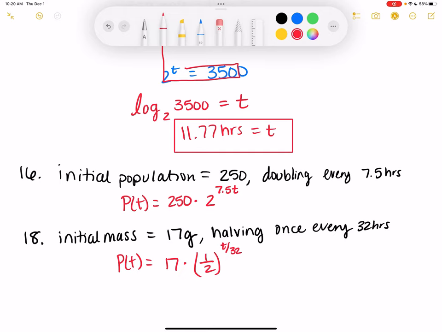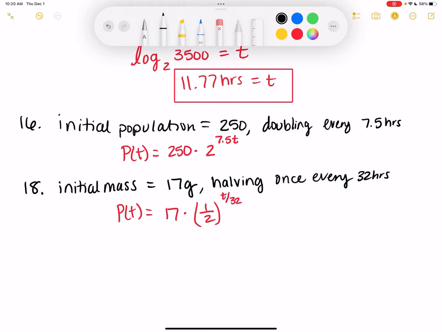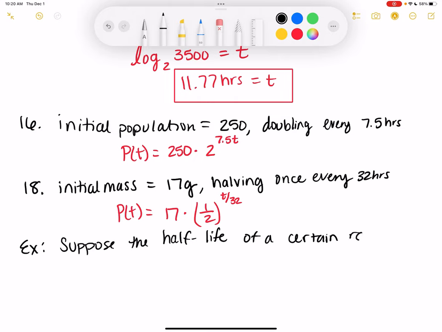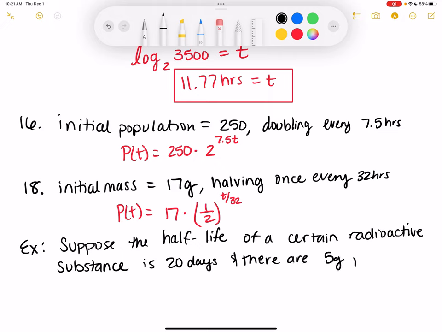All right. Another example that's not in the homework itself. Suppose the half-life of a certain radioactive substance is 20 days, and there are 5 grams present initially.